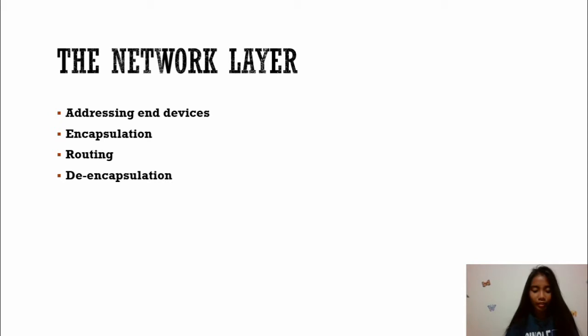So the next one is the routing. For the routing, the network layer provides a service to direct packets to a destination host on another network.